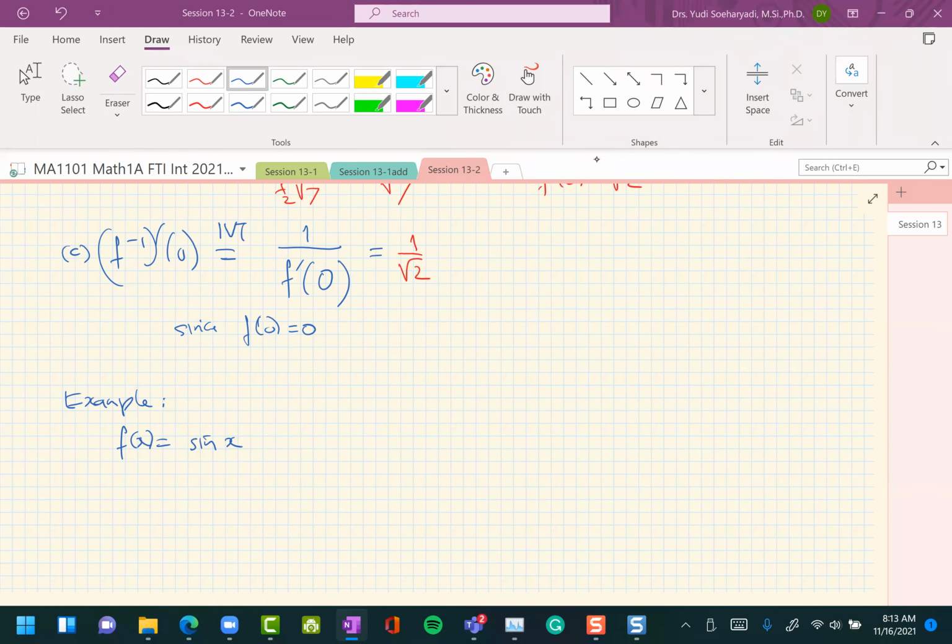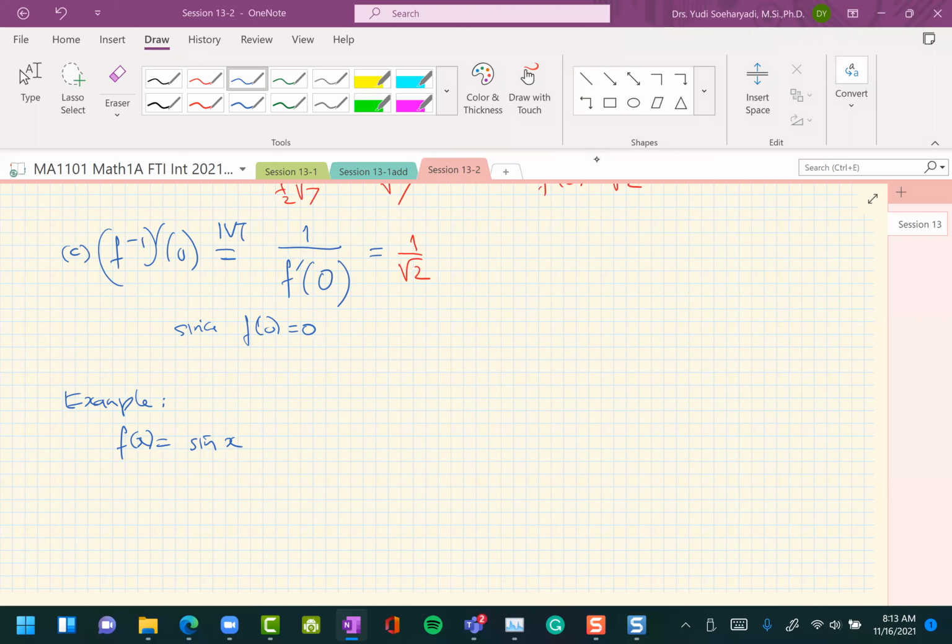All right. If you have sine x, for sure sine x is not one-to-one, right? If x is real, it's not one-to-one. It's not injective. Why?